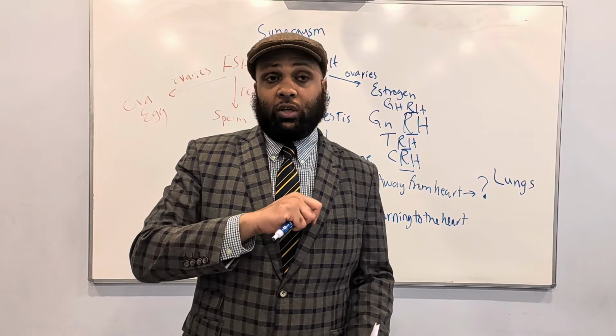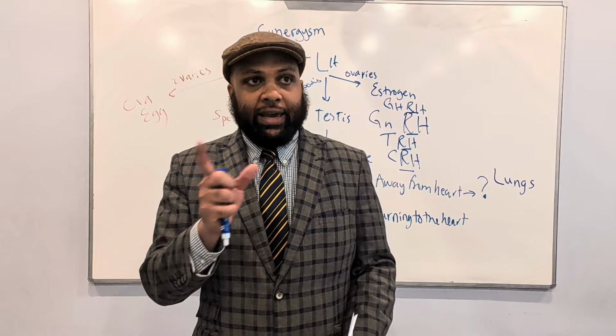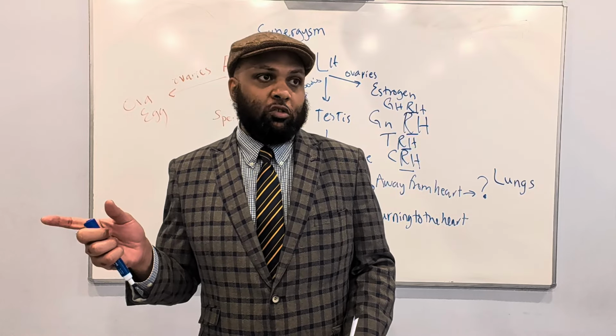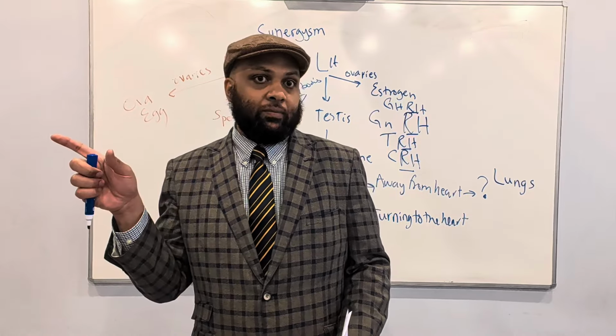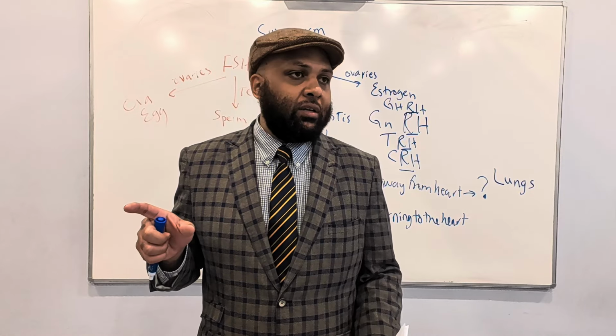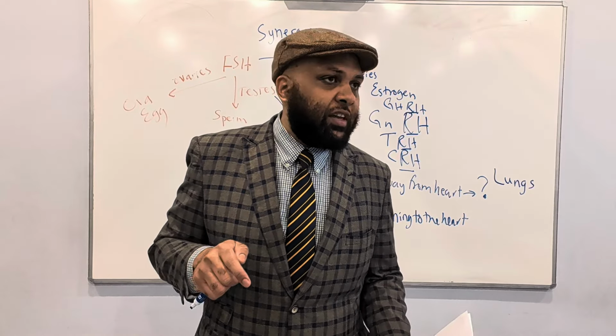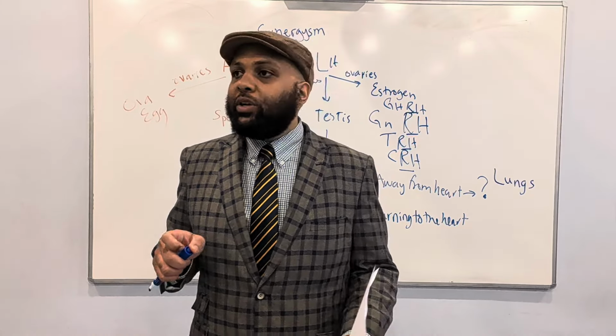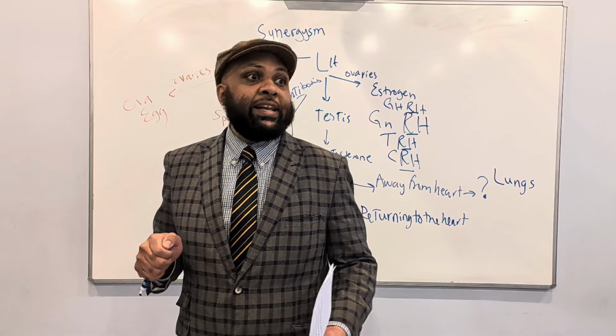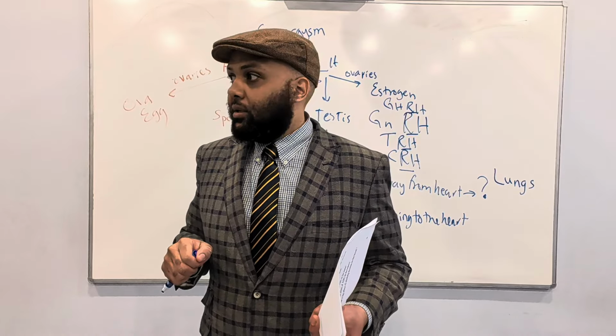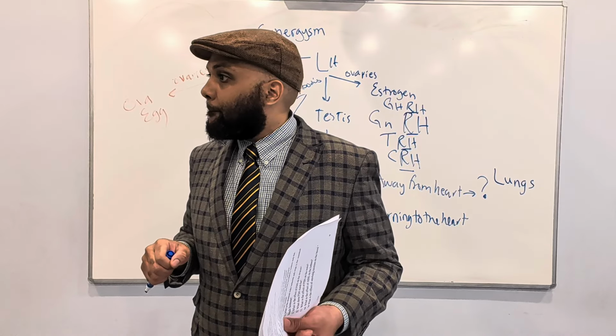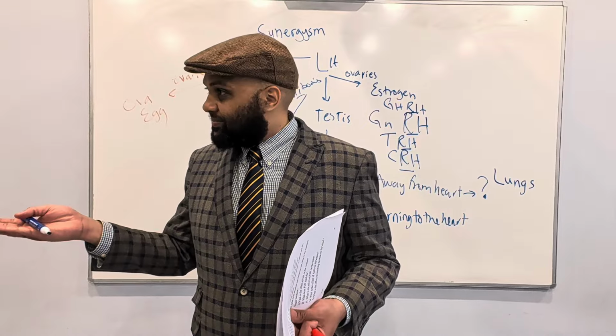But the other one, ADH, antidiuretic hormone. Remember, always digging holes. That one is not secreted because of positive feedback. That one is secreted because of negative feedback. Because of what?